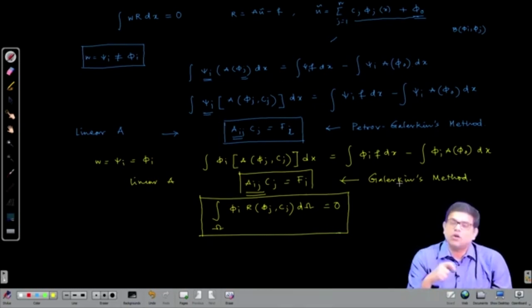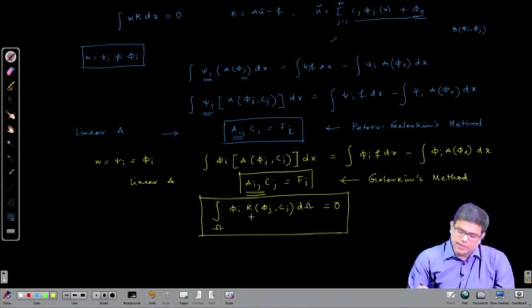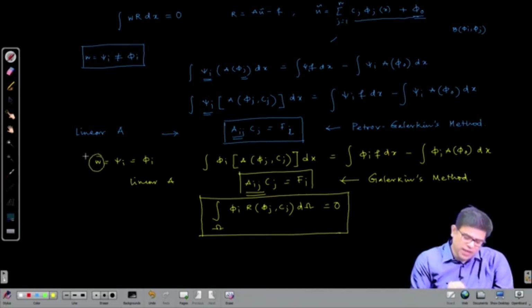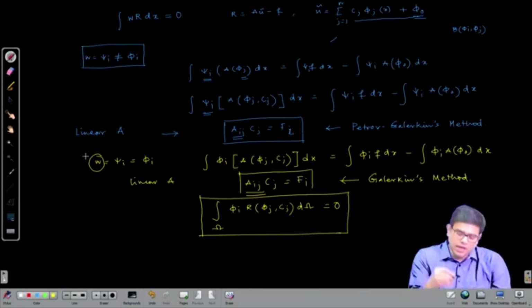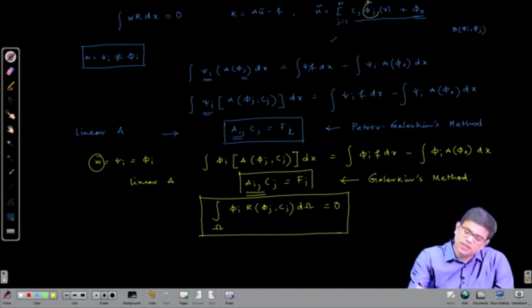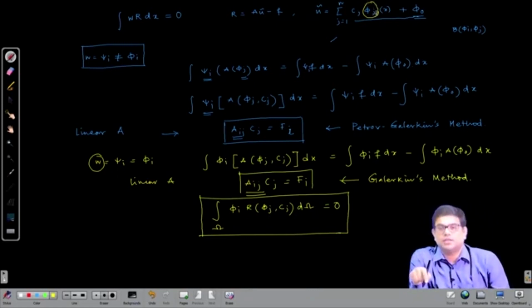approximating function. Now another important point here, that even though we remove the restriction of satisfying the weight function to be homogeneous at the boundary, our phi j's, the approximating functions, this condition has to be satisfied, meaning that at the boundary phi i's need to satisfy the homogeneous boundary condition.